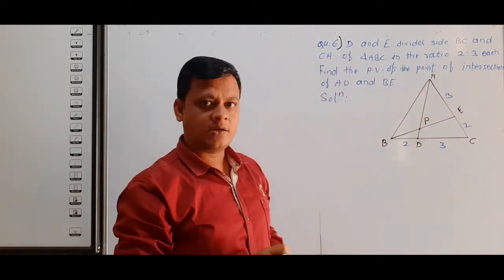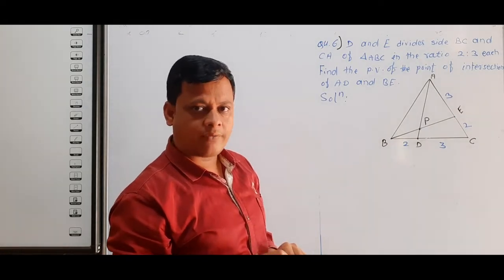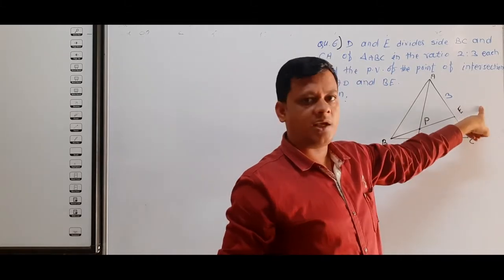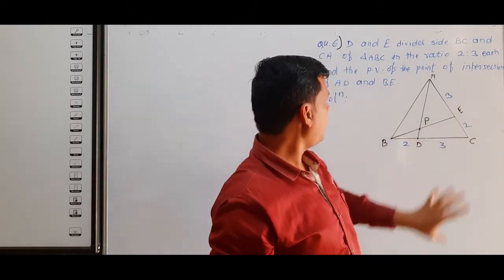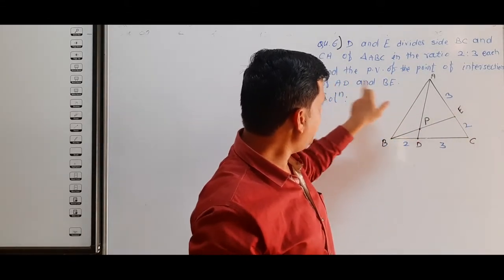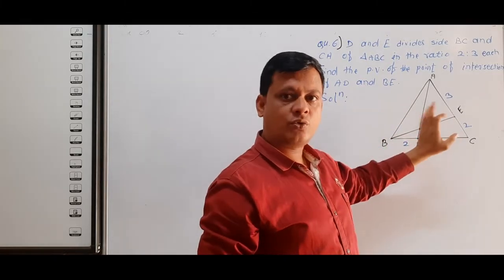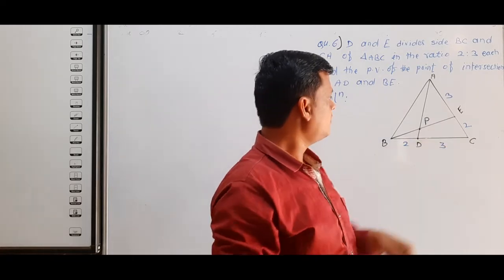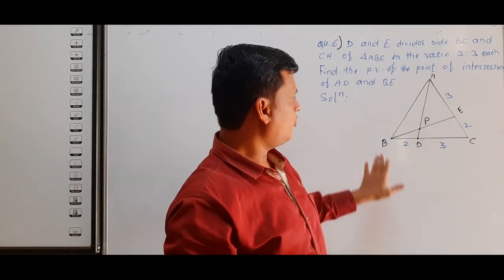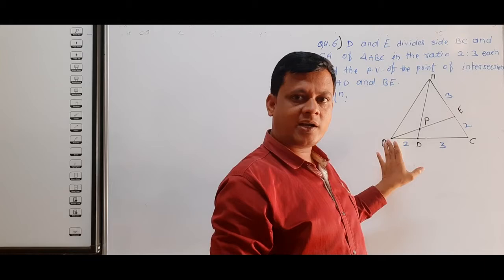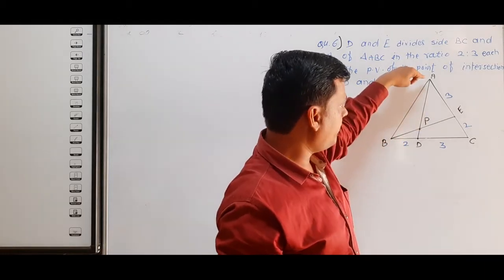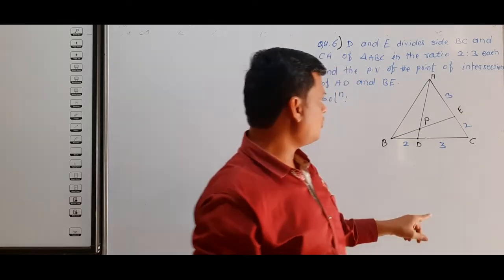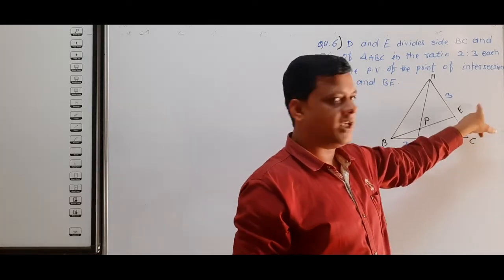We have to find the position vector of the intersection of AD and BE. We consider the intersection of AD and BE as P, and we have to find the position vector of this point P. First we consider the position vectors of all vertices, A, B, C, and also of the points D and E.